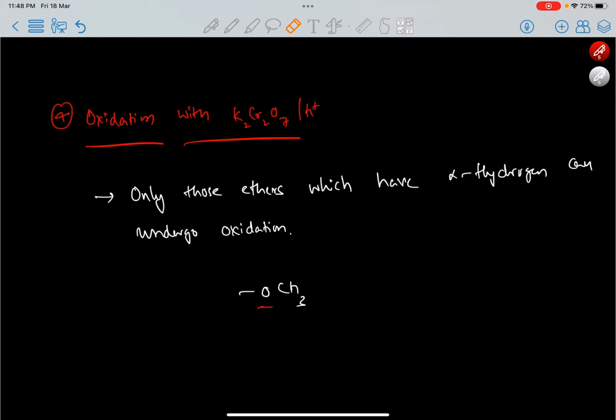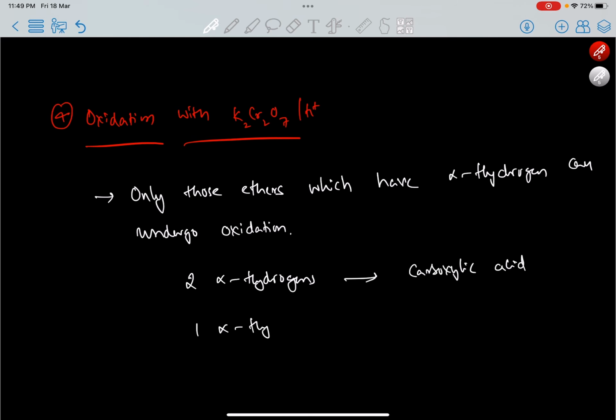And one more thing, please keep in mind, if there are two alpha hydrogens, then we have the formation of carboxylic acid. Let us see the example. And if there is only one alpha hydrogen in the ether, then we have the formation of ketone.